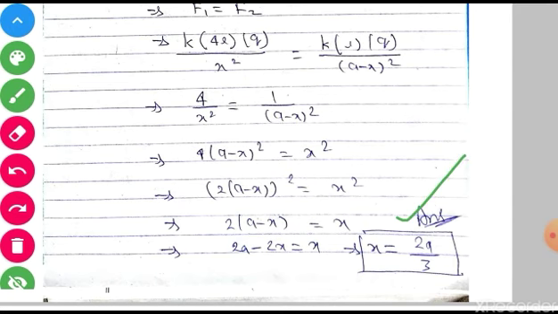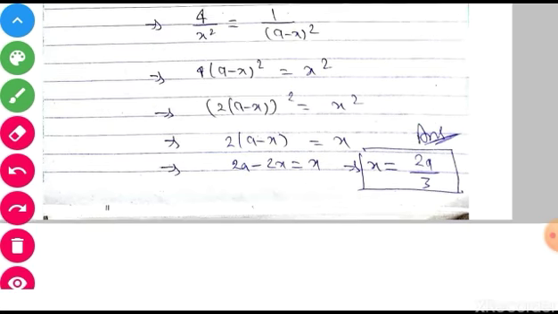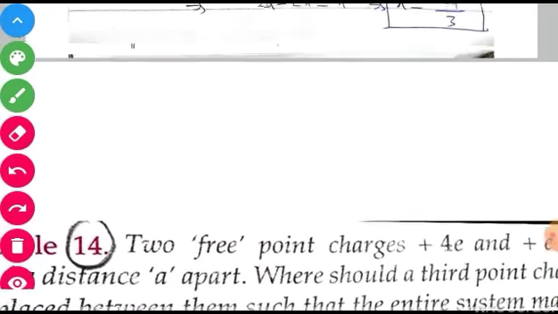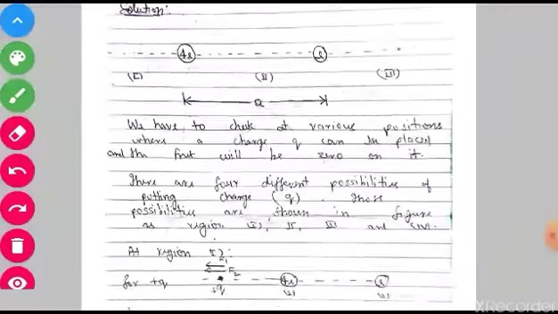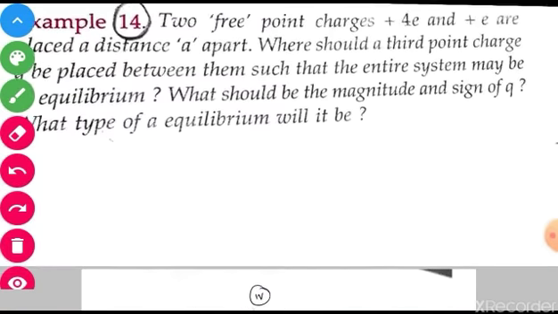So we get the answer. Our final answer is that we have to locate a minus Q charge at a distance of 2a by 3 from 4e charge.